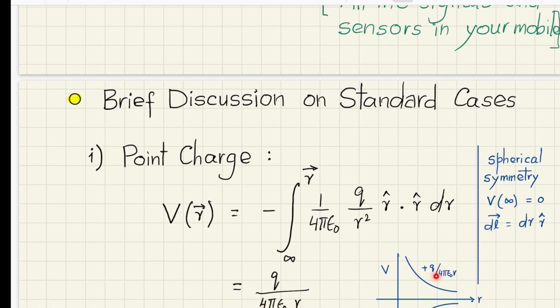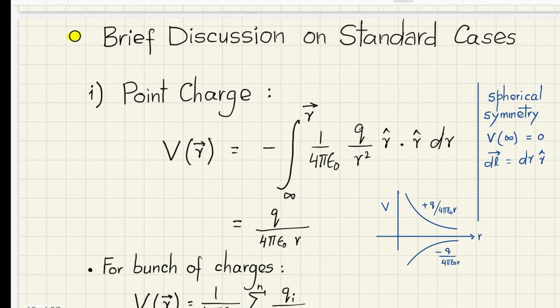If you have a positive charge, it goes as 1 by r. If you have a negative charge, it goes as 1 by r like that, with minus q. It is spherically symmetric, and hence I can take my dl like that. As soon as it is spherically symmetric, if you have to find E dot dl, you can always take this easiest path. This is path independent. So this is for a point charge.